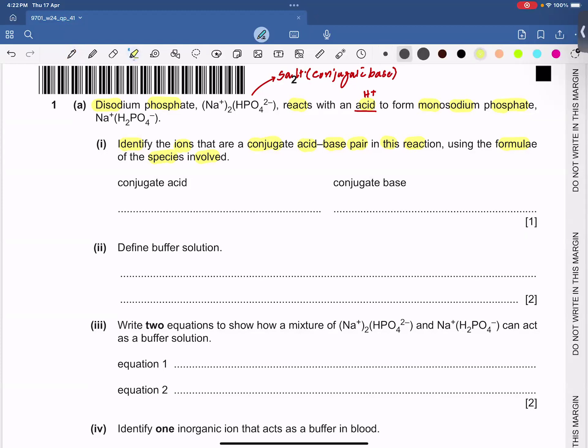And since it has more hydrogen atoms in this ion, obviously it's going to act as an acid, or conjugate acid, because it donates its proton.